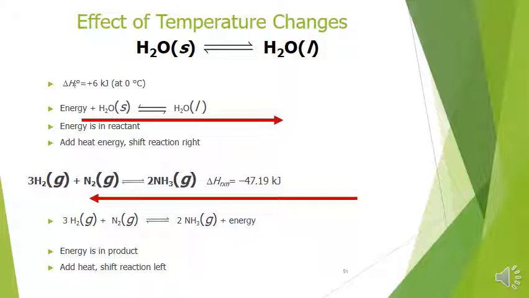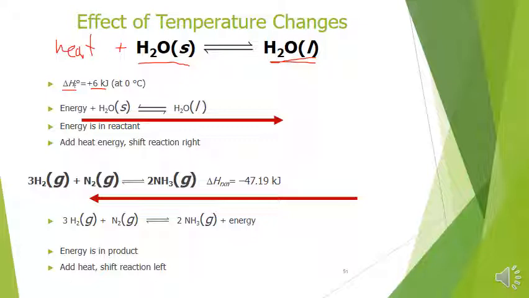All right, so this is looking at ice melting and water freezing at equilibrium, at 0 degrees. This reaction is endothermic. Here's the heat of fusion, this amount right here. We won't worry about the exact number, but you can write it as energy plus ice will give me liquid water.